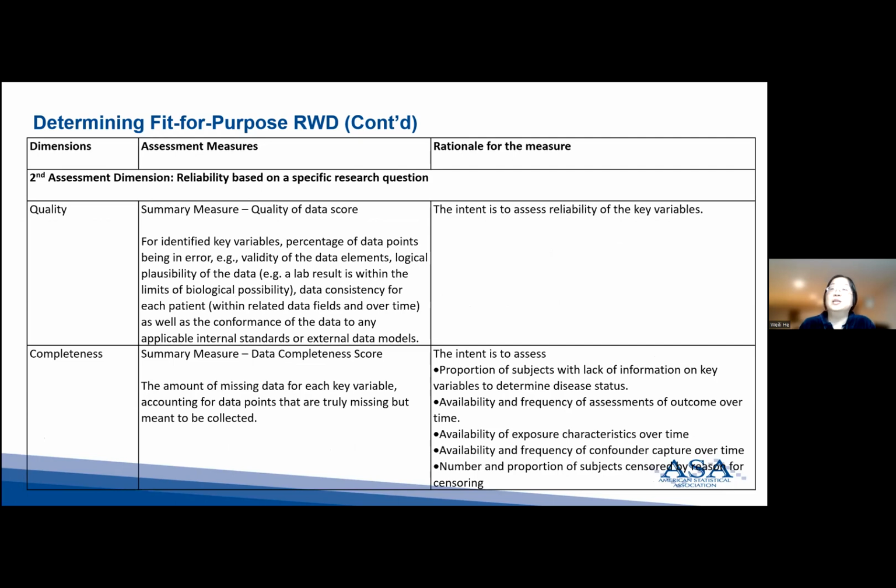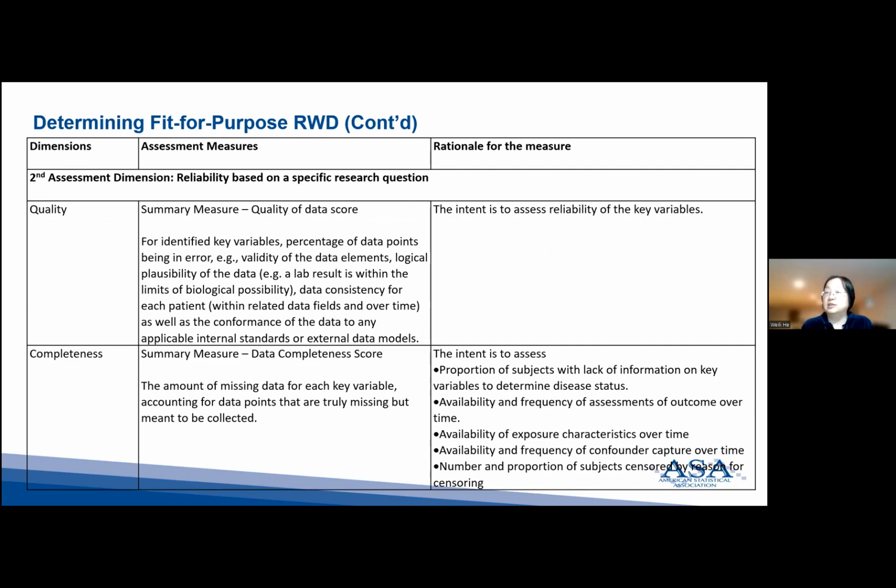So the second dimension is the reliability assessment. Reliability speaks to several aspects. One is quality. Quality speaks to the validity of the data elements and the logical plausibility of data. For example, an age variable has a certain possible range, right? If you have somebody who is 200 years old, that's probably wrong.